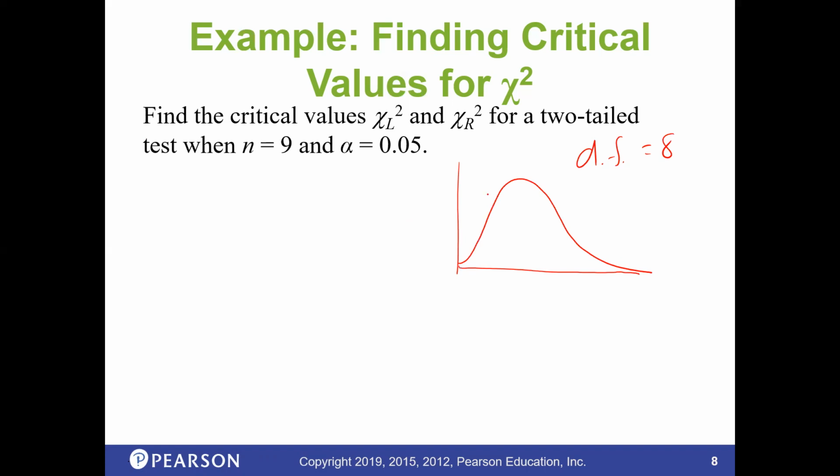I want 95% of the data here, so 5% goes to the corners. Half of that is going to go here, 0.025, and 0.025 is going to go here. So we're going to look for the right tail test, because who cares if it's right or left, with df equal to 8.